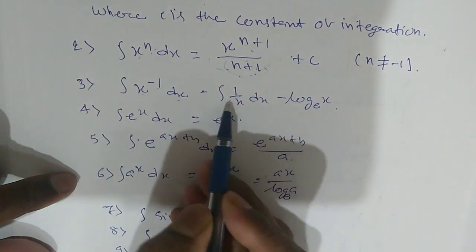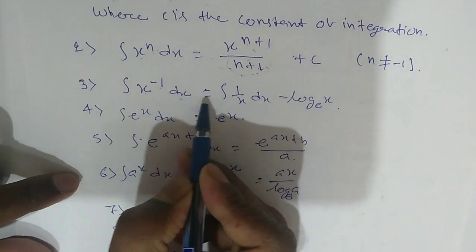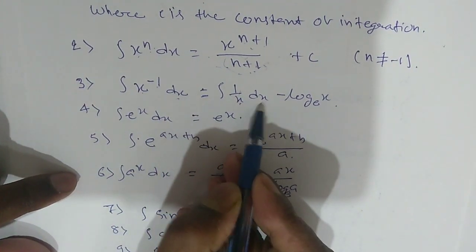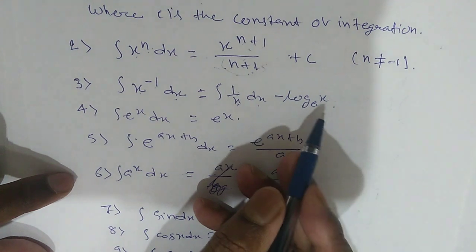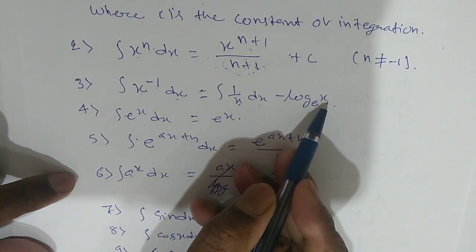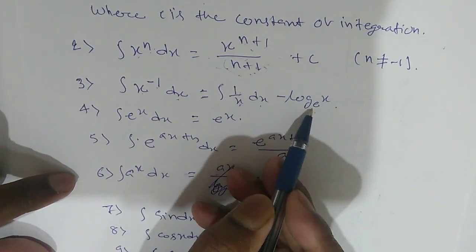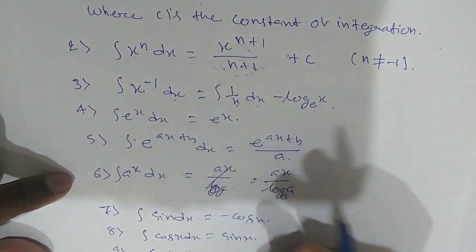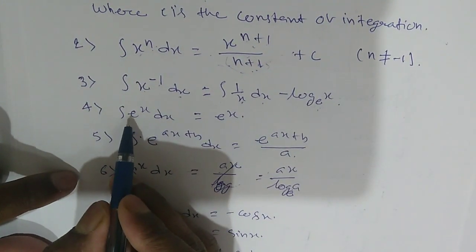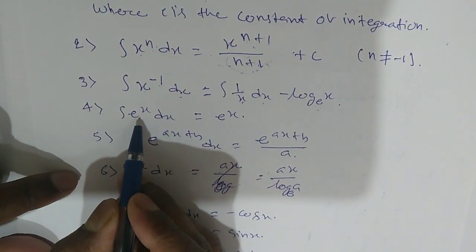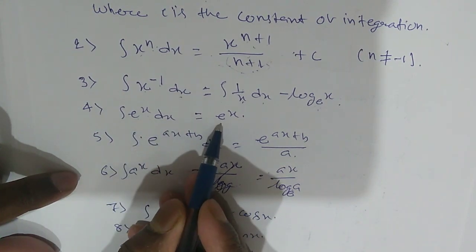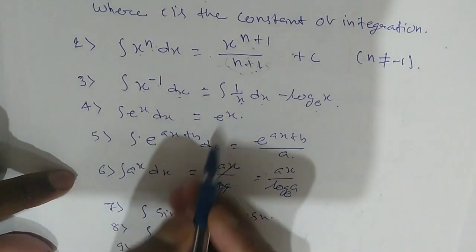This one is 1 upon x dx, and the answer is log of x to the base e. Another one is integration of e raised to the power x dx, that is e raised to x. So remember all these.